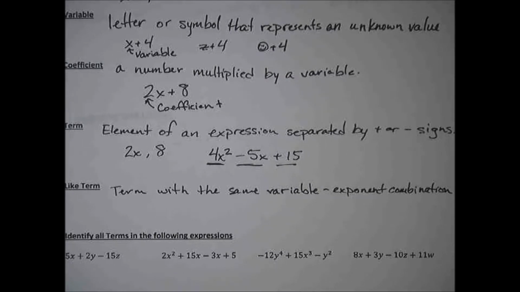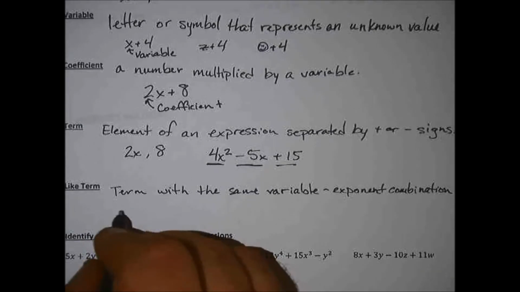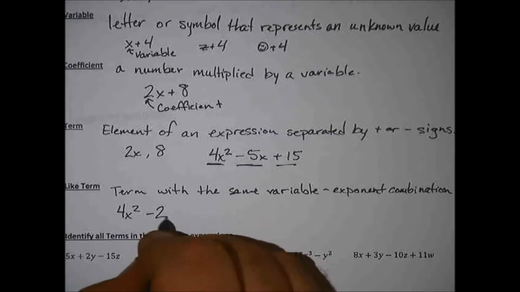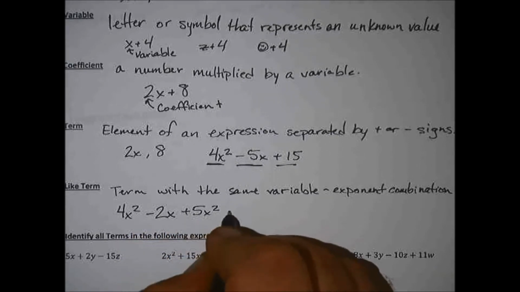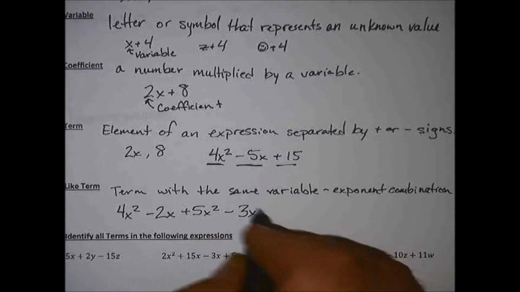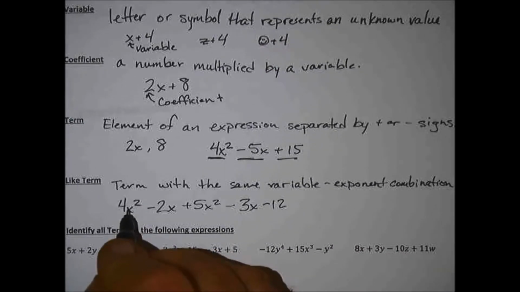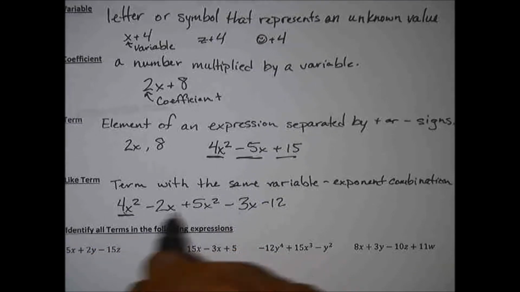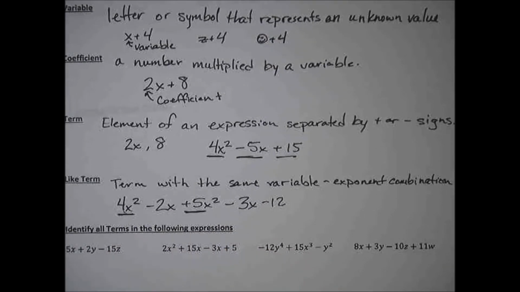So it has the same variable exponent combination, meaning if I had something that was like, let's say I have my 4x squared and I have a minus 2x and a plus 5x squared and a minus 3x and maybe a minus 12. Okay, looking for like terms, I'm looking for the variable exponent combination that's the same. So here I have x squared, here I have x squared. Those two things are like terms.